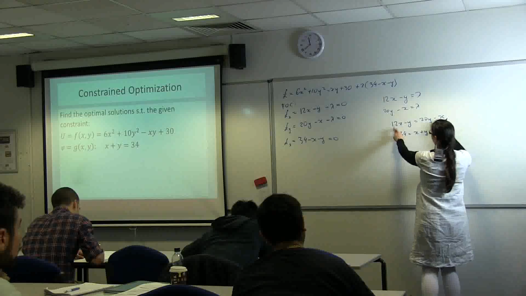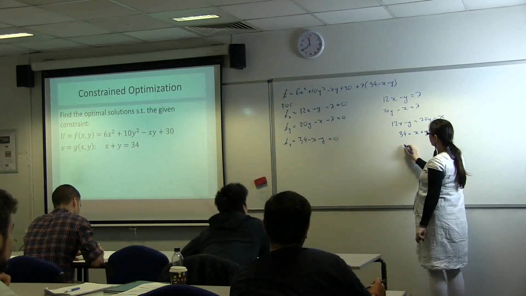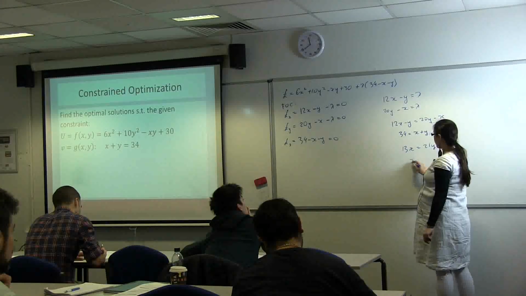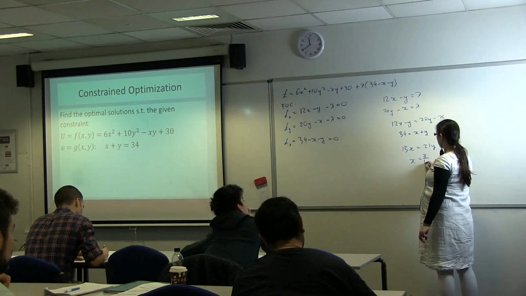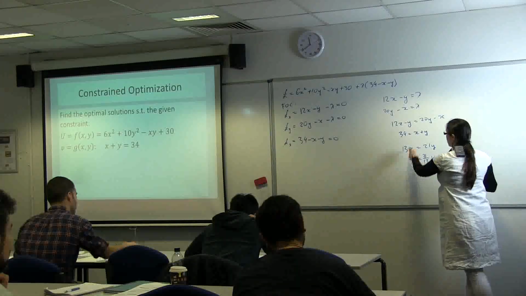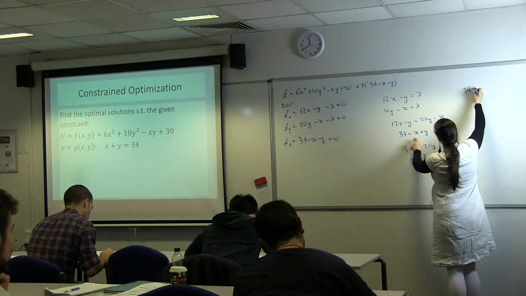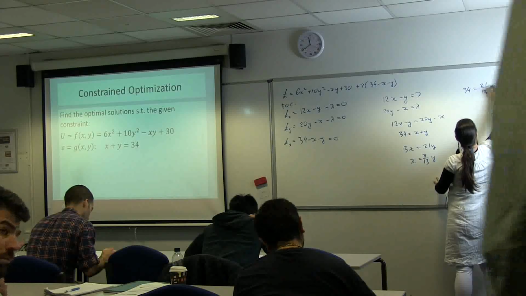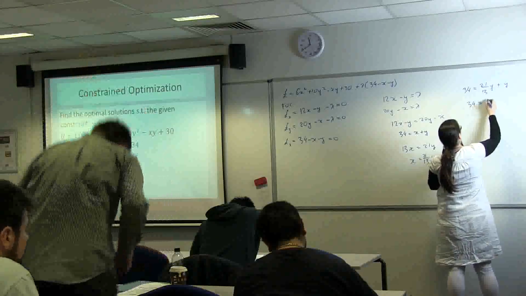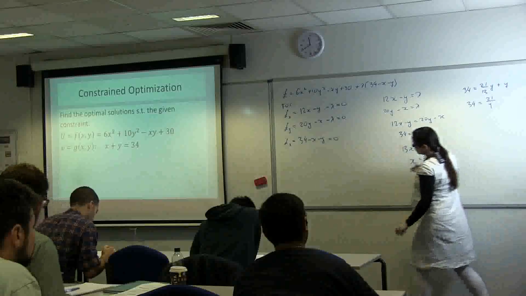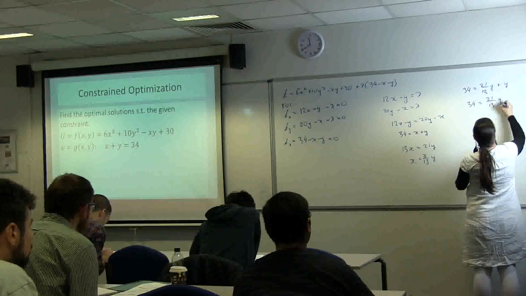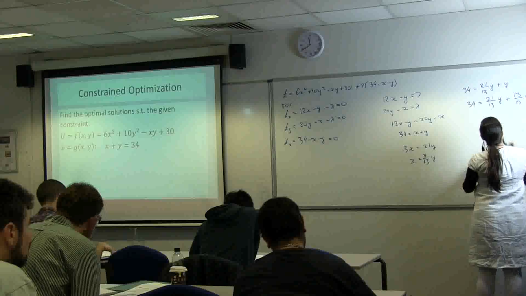Okay, so what am I going to do with this one? 13x equals 21y. So x equals 21 over 13y. Substitute that back into here. So 34 equals 21 over 13y plus y. So 34 equals 21 over 13y plus 13 over 13y.